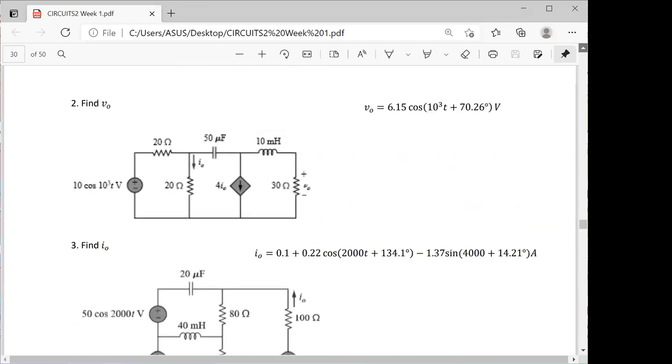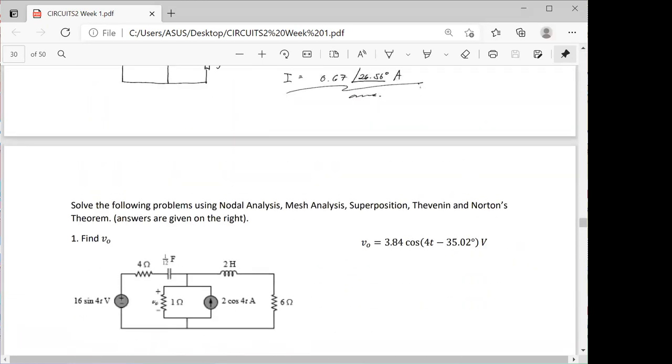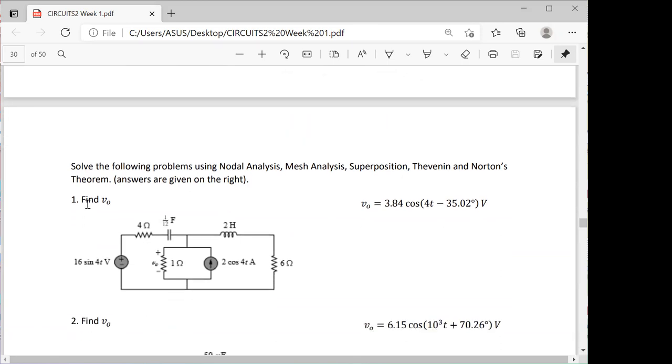Ito yung magsisilbing first activity nyo sa midterm, this problem number 1. This problem number 1 will serve also as your activity number 5, kasi 4 yung activity natin sa prelim. So itong first problem nito will serve as your first activity midterm or number 5 activity natin.